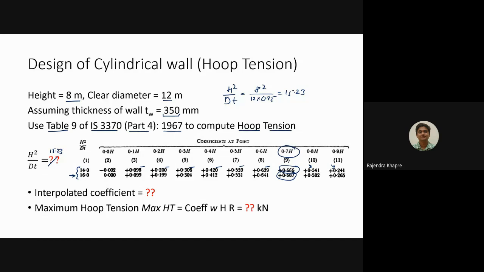Okay, so now you have to interpolate the coefficient between 16 and 14 for 0.7 h for the h square by dt value of 15.23. Okay, so can you do this? For 14, we have 0.6666, and for 16, we have 0.687.